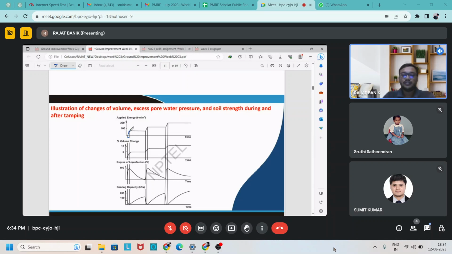Then we apply it for some constant time. After that energy is applied, we increase our energy by some more amount.